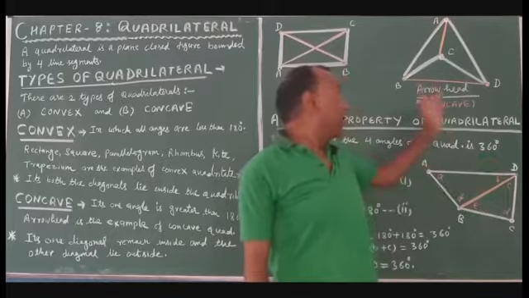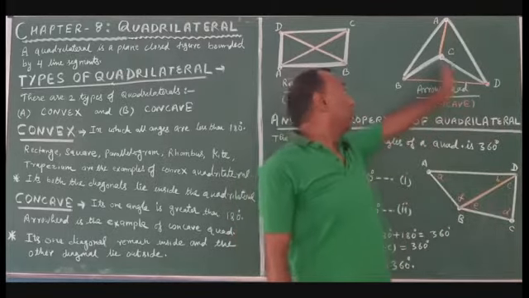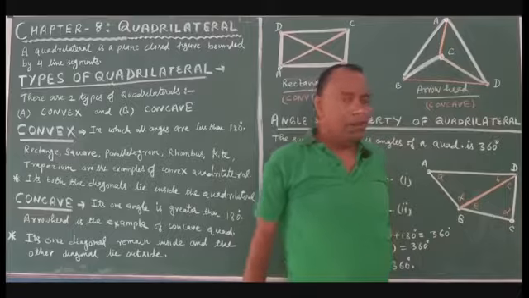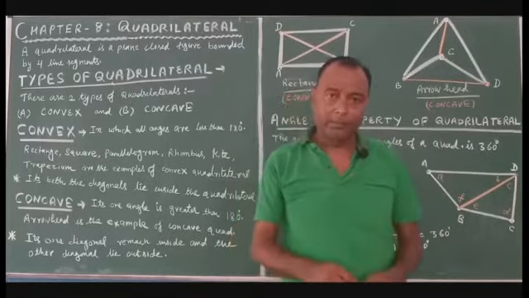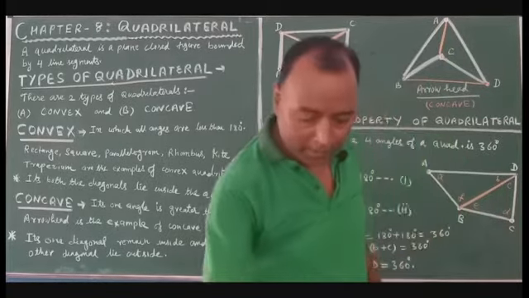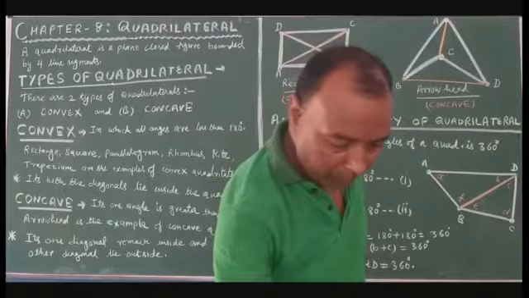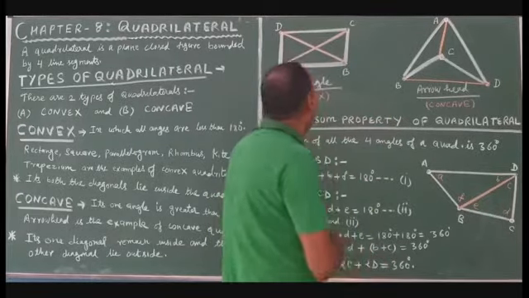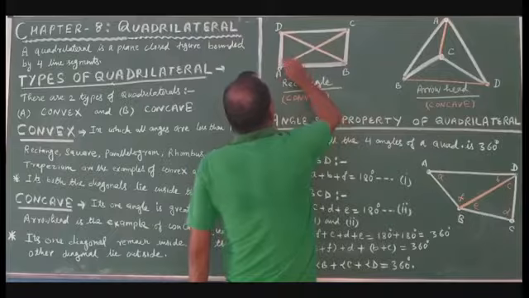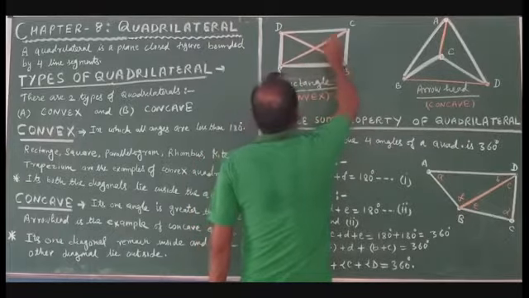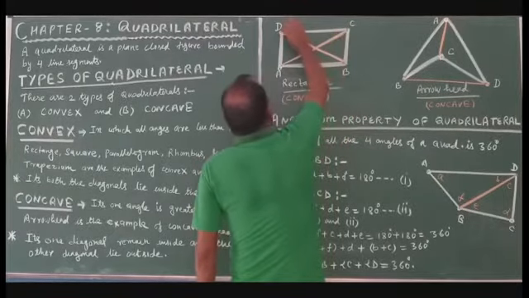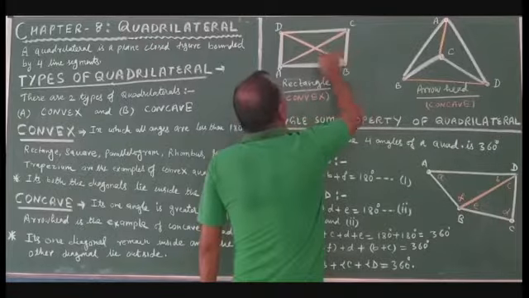The arrowhead is an example of a quadrilateral. Now just look here. I am joining AC and BD, so we have 2 diagonals.